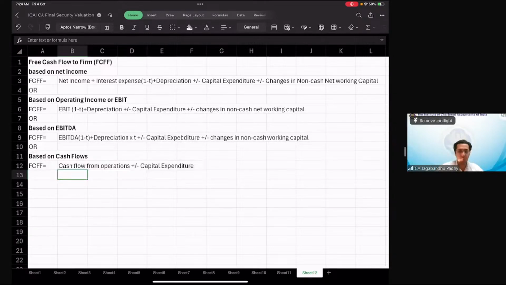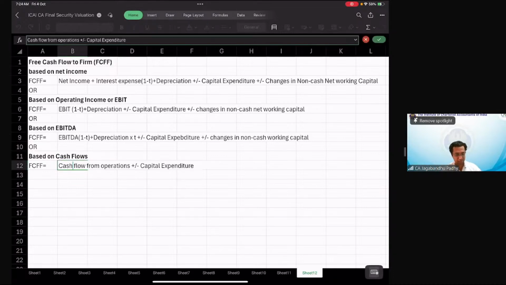Now, if in your free cash flow from operations you would have accounted for, let's say, interest, if interest would have been subtracted while computing free cash flow from operations, you will have to add back the interest expense into 1 minus T, which is the after-tax interest expense.